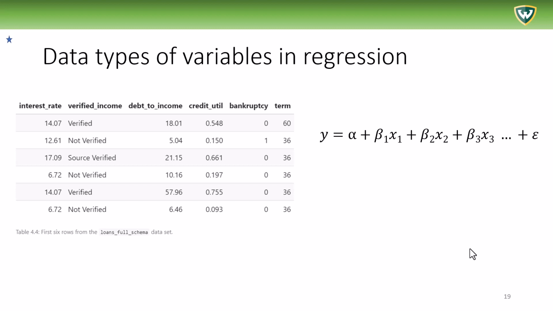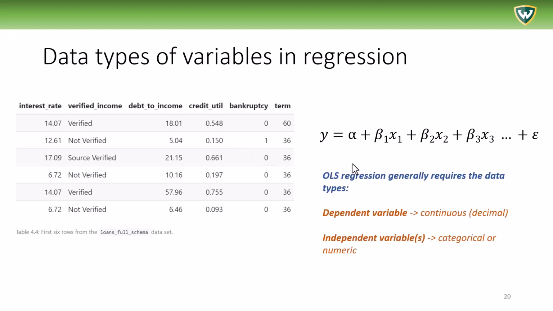Data types of variables in regression. One important thing to remember is that the data types that we are going to add in the regression are very important to be in the correct way. So for the regular linear regression, we have to use a numeric, or even better, continuous, so decimal kind of variable for the dependent variable.